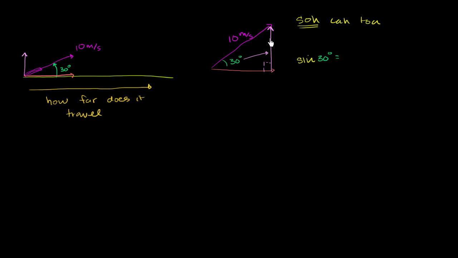is going to be equal to the magnitude of our vertical component. So this is the magnitude of velocity, I'll say velocity in the y direction. That's the vertical direction. Y is the upwards direction.